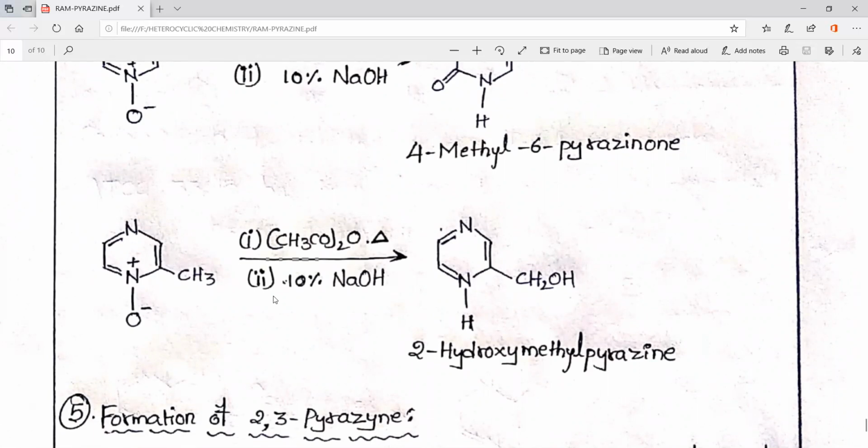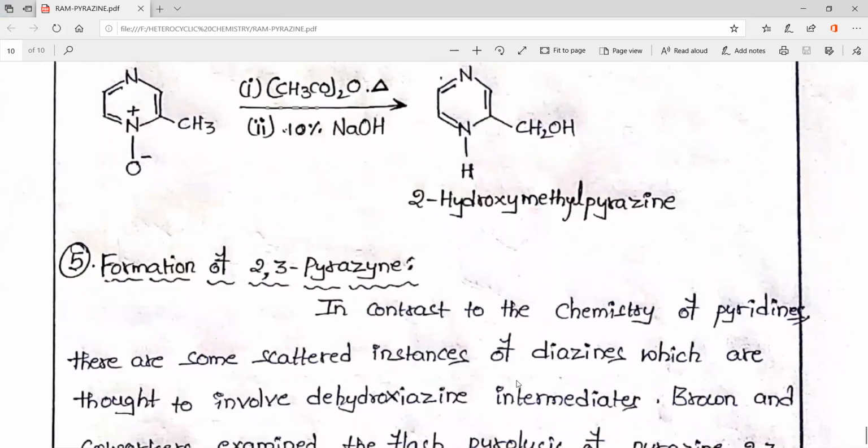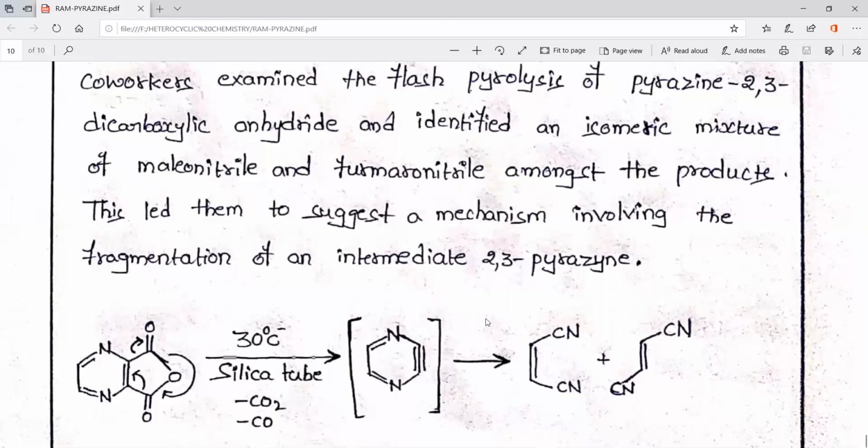By treatment with the same reagent, it is forming 2-hydroxymethyl pyrazine. This is a reaction that involves pyrazine-2,3-dicarboxylic anhydride. So on pyrolysis, on heating, it forms an intermediate.